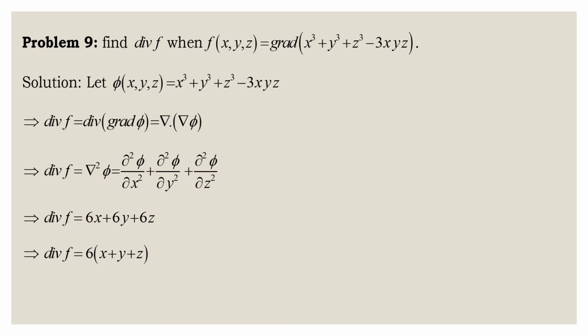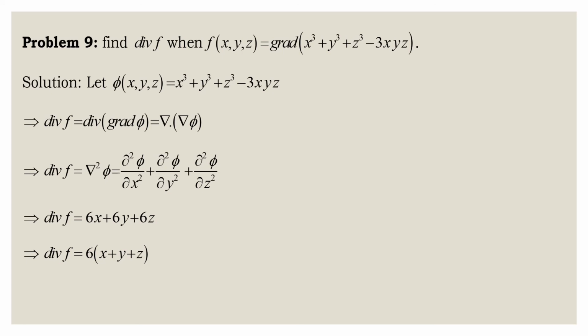First, we have to find out the gradient of this phi, that is del phi. Del phi equals i cap dou phi by dou x plus j cap dou phi by dou y plus k cap dou phi by dou z. For this purpose, we have to find out the partial derivatives.